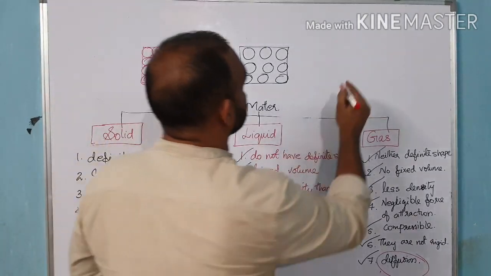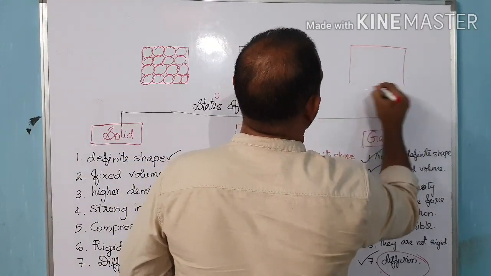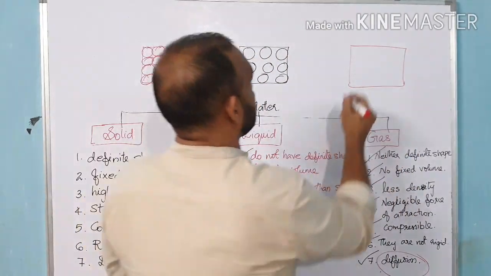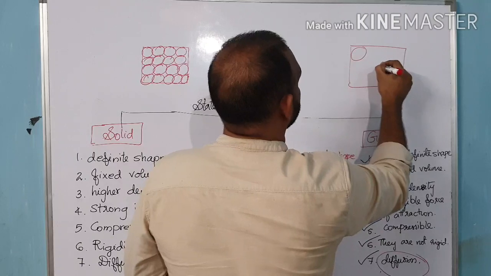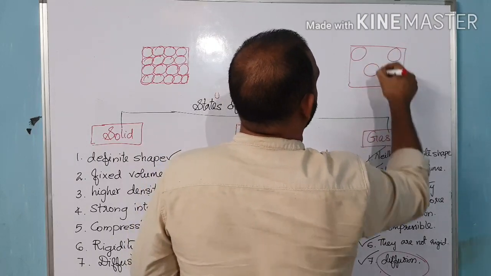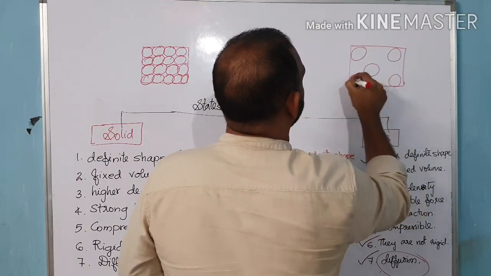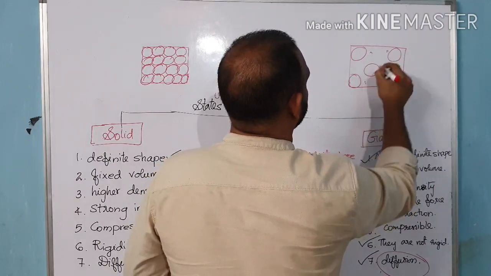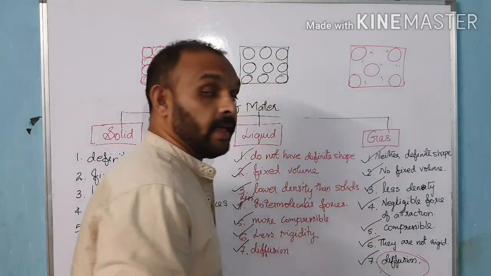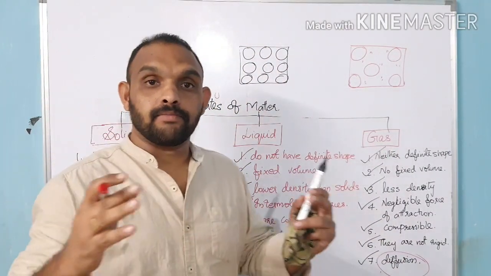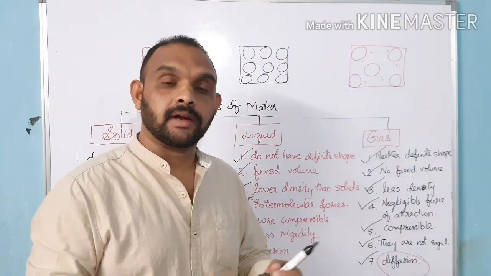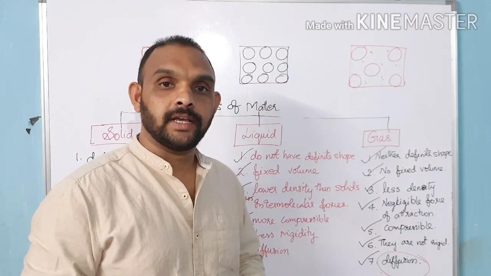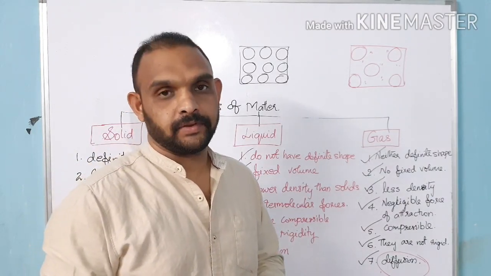And while coming to the gaseous state, the particles of gases have more freedom to move. They can move in any direction. So they have more compressibility. We can compress the gases, and they have very less rigidity, and they will show diffusion.